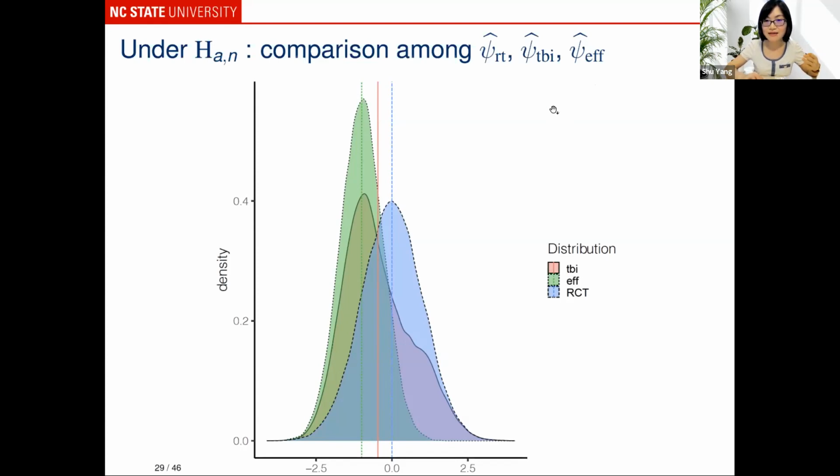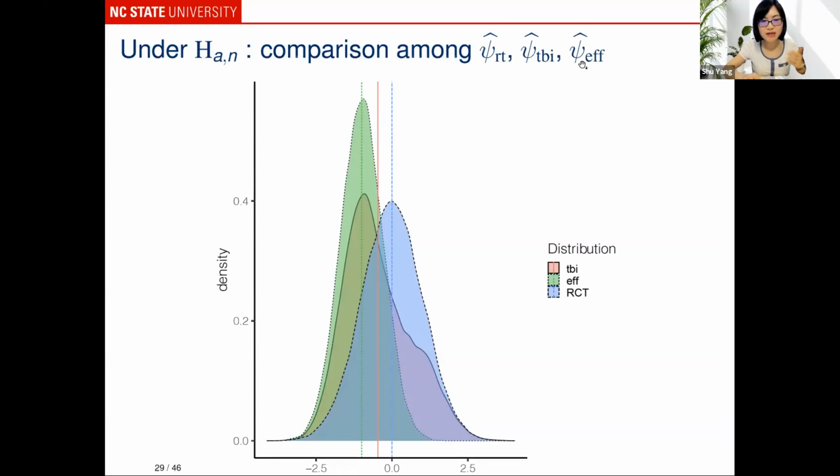So in this case, the TBI estimator becomes the efficient estimator. In the other extreme scenario, we take the critical value to be very small. In this case, you always reject the use of RWD, and then the TBI estimator becomes the RCT estimator. So by varying this critical value, the TBI estimator interpolates between the RCT estimator and the efficient estimator.